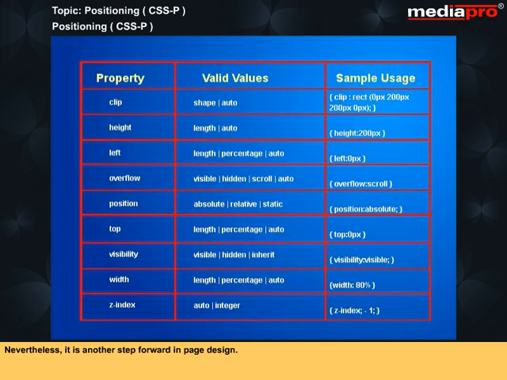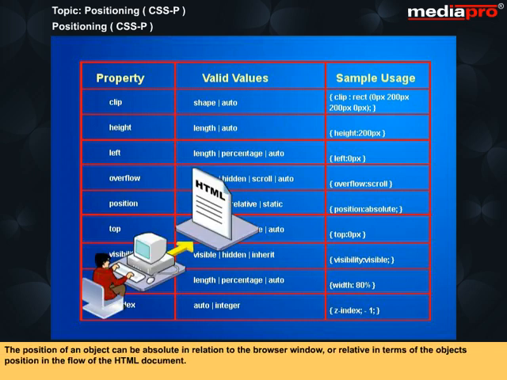Nevertheless, it is another step forward in page design. The position is the first property of note. The position of an object can be absolute in relation to the browser window or relative in terms of the object's position in the flow of the HTML document.